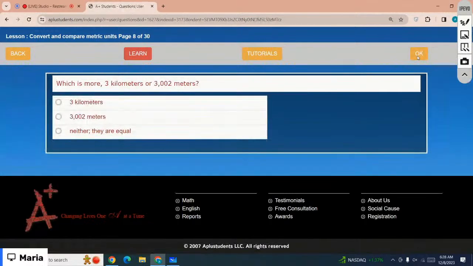Which is more, 3 kilometers or 3002 meters? Which is the correct option?